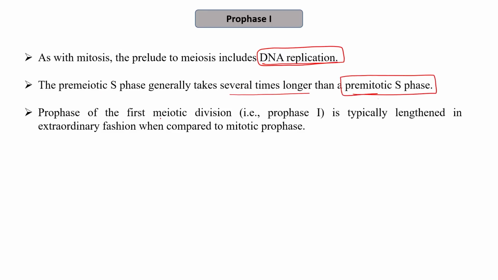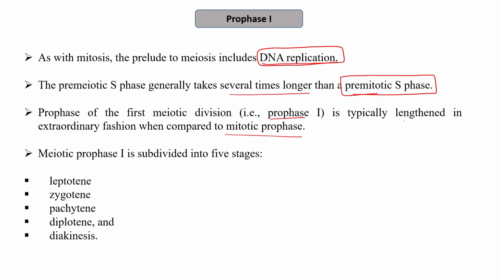Prophase of the first meiotic division, prophase 1, is typically lengthened in extraordinary fashion compared to mitotic prophase. Meiotic prophase is further divided into 5 stages: leptotene, zygotene, pachytene, diplotene, and diakinesis. You need to remember these 5 stages of prophase 1.